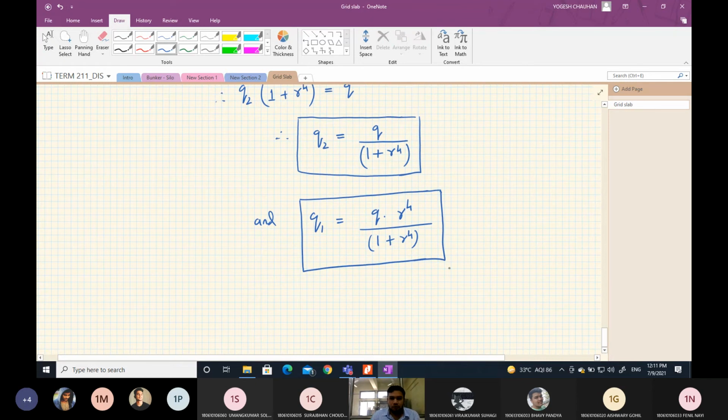So you have the values of Q1 and Q2 in terms of the intensity of the load on the slab.